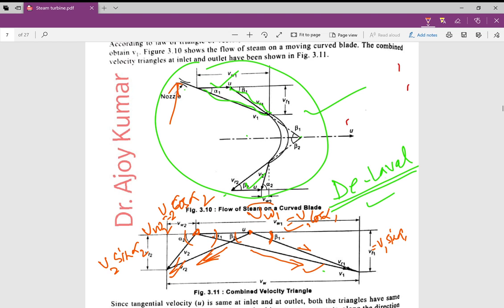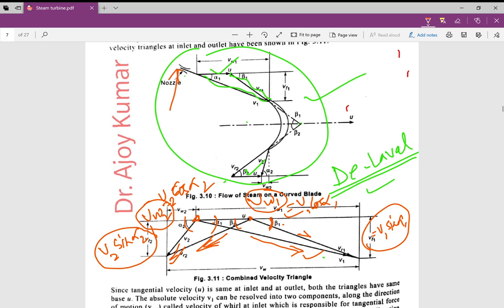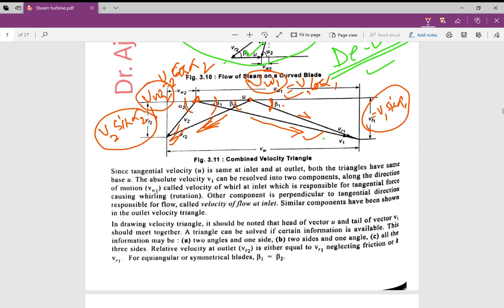These two values VW1 and VW2 are responsible to rotate the wheel. These components VF1 and VF2 are helpful to allow steam to go out, so we call it velocity of flow.